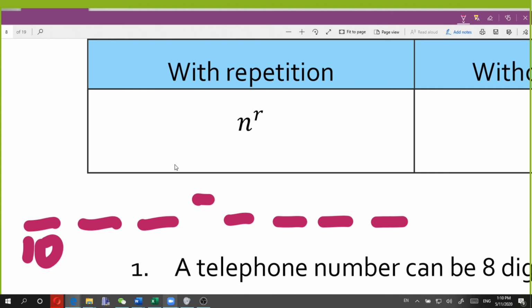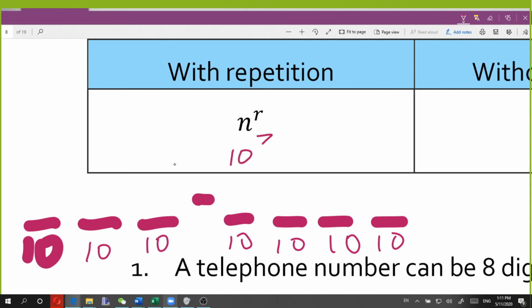So if I wanted to know how many telephone numbers are possible in the United States, well, I've got 10 for digit 1 and 10 for digit 2, which is multiplication, and 10 for digit 3 and 10 for digit 4 and 10 for digit 5 and 10 for digit 6 and 10 for digit 7, which is 10 times 10 times 10 times 10 times 10 times 10 times 10, or 10 to the 7th power.